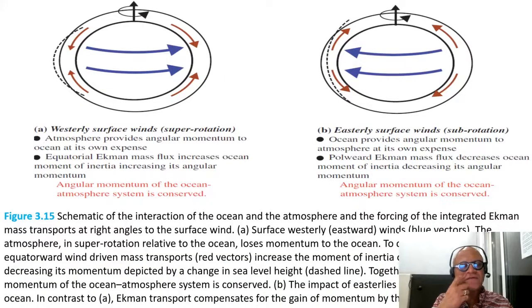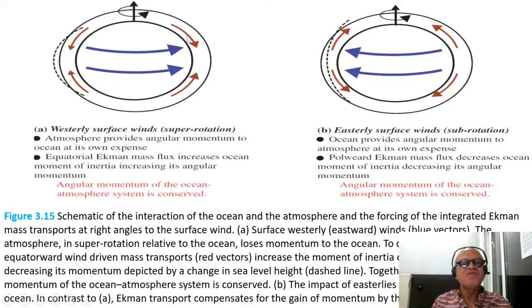Peter makes somewhat of a heuristic argument. So he takes this example where the winds are westerlies, and in this case winds are moving faster than the ocean, than the Earth, so they're supposed to be in super rotation. If you move faster than Earth, that's called super rotation.